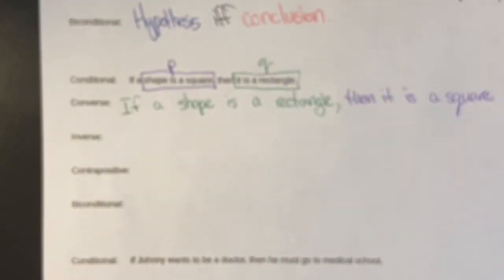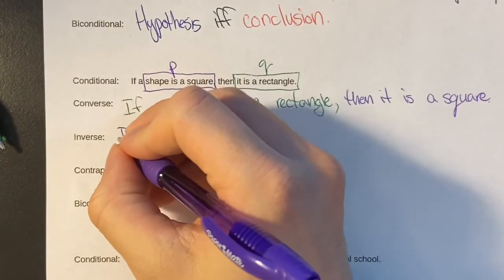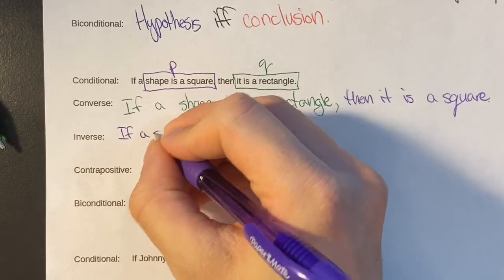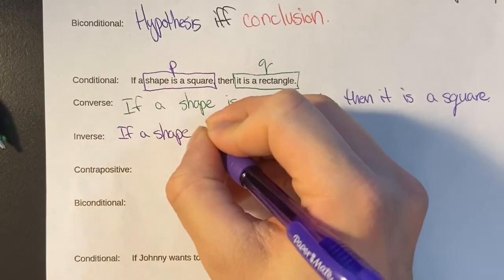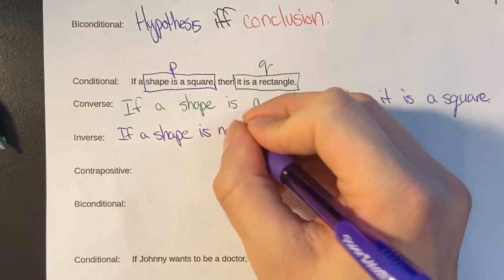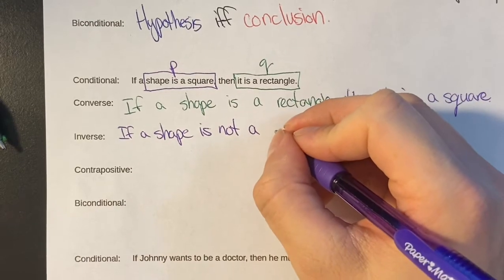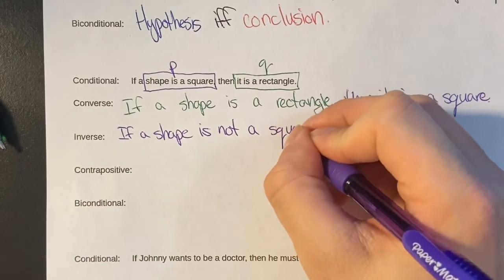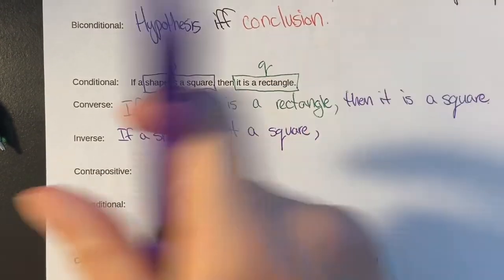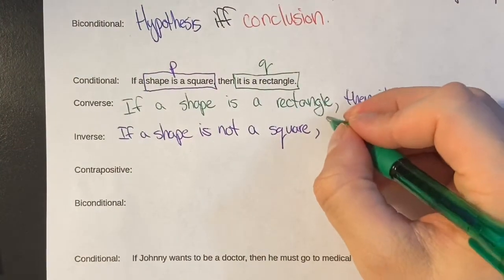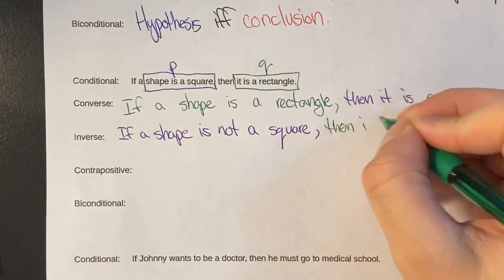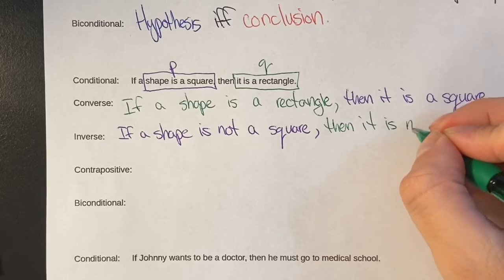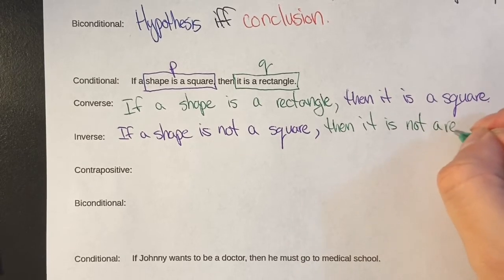The inverse is when you take the original conditional and throw nots in front of them. If a shape is not a square, then it is not a rectangle.